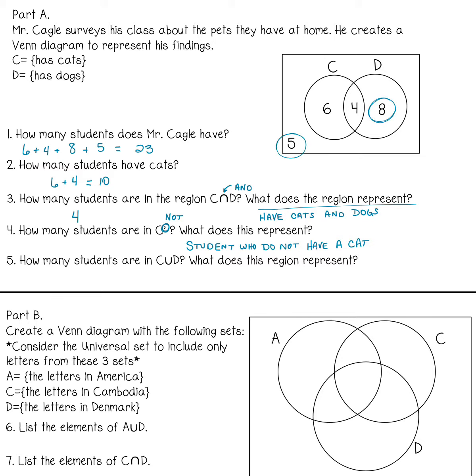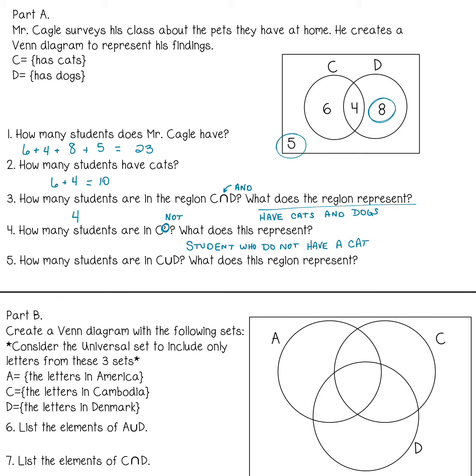So we're going to go through and put all of our letters into our Venn diagram, and then we're going to see who only shares with Cambodia and America, or Denmark and Cambodia, or America and Denmark, and then who's in all three. So A, M, E, R, I, C, America.